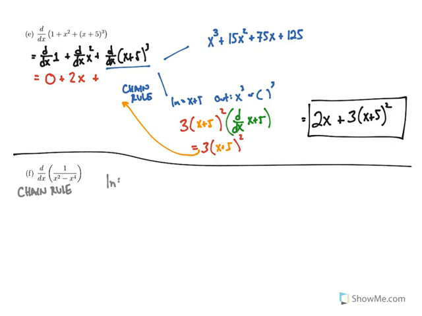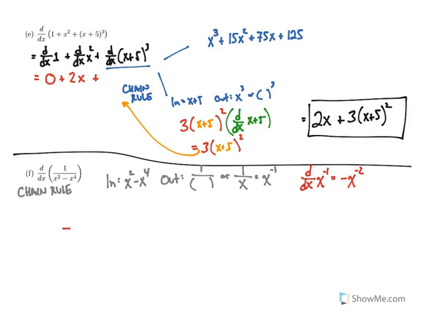Here, the inside function is going to be x squared minus x to the fourth, and it is inside of 1 over something, or 1 over x, which is x to the negative first power. So if I have this, then the derivative of x to the negative 1 is going to be negative x to the negative 2. And that's what I'm going to use for the chain rule.